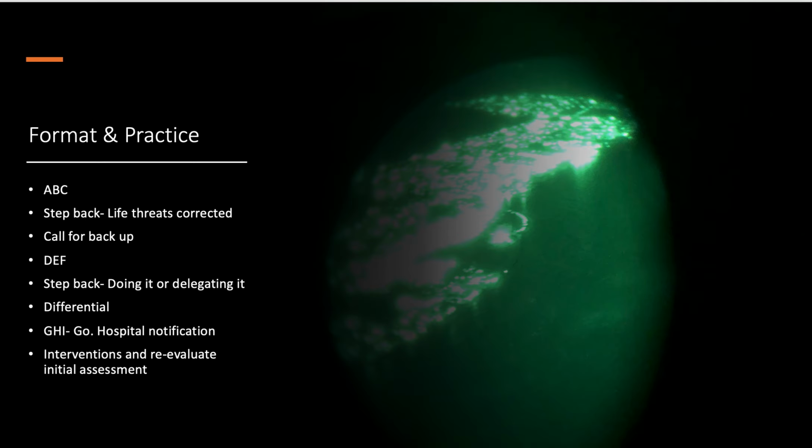And don't forget to look inside now, inside this call, and identify those flags. Identify that primary assessment and identify that you have done or delegated those life threatening corrections. Patient needs to be managed.